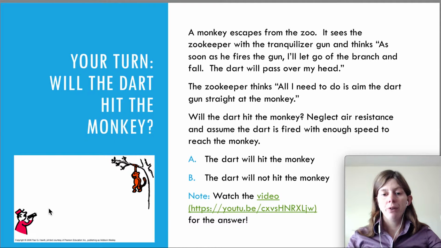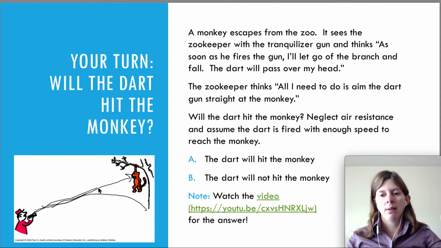So if you think about it, if he fires straight at the monkey, then this is the path that the dart would take if there were no gravity pulling that dart down. However, gravity pulls it down, and that's why the dart follows projectile motion. Sorry, this is not the best drawing here, but instead of following a straight line, the dart goes down.